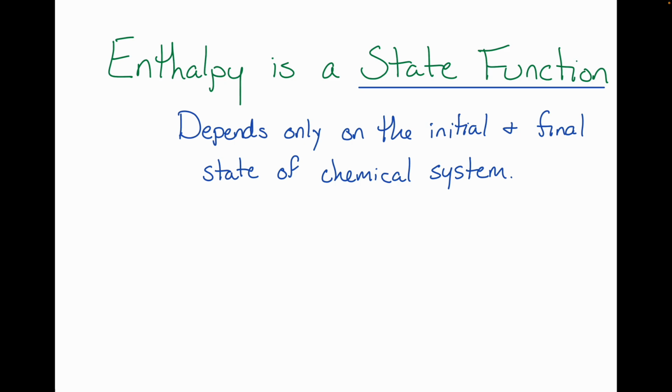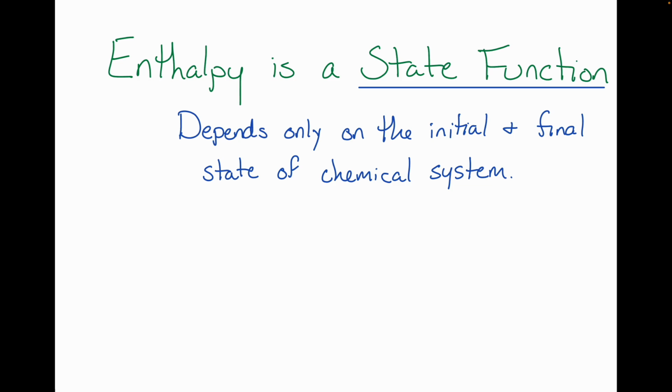So basically the bottom line is it doesn't matter if you do a reaction in one step or if you break it up into 1,000 little steps, the change in enthalpy here will be the same. All right, because all that matters is where you start and where you finish, not where you go in the middle. Okay, so that's a little bizarre.